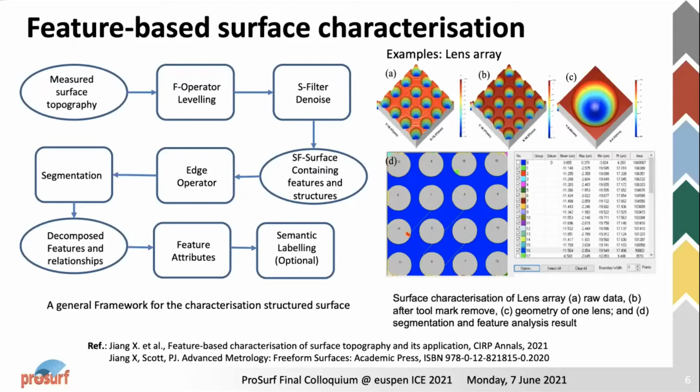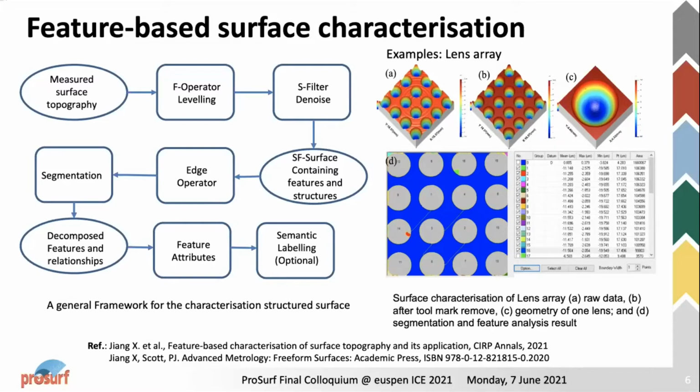The picture shown on the right-hand side is a simple example of how to use this method to get the information of each individual lens and their relationships. As you can see, after denoising the alignment results, the segmentation operation can be used to build a change tree of the surface, and each lens can then be calculated with its feature attributes, for example, error and its maximum.